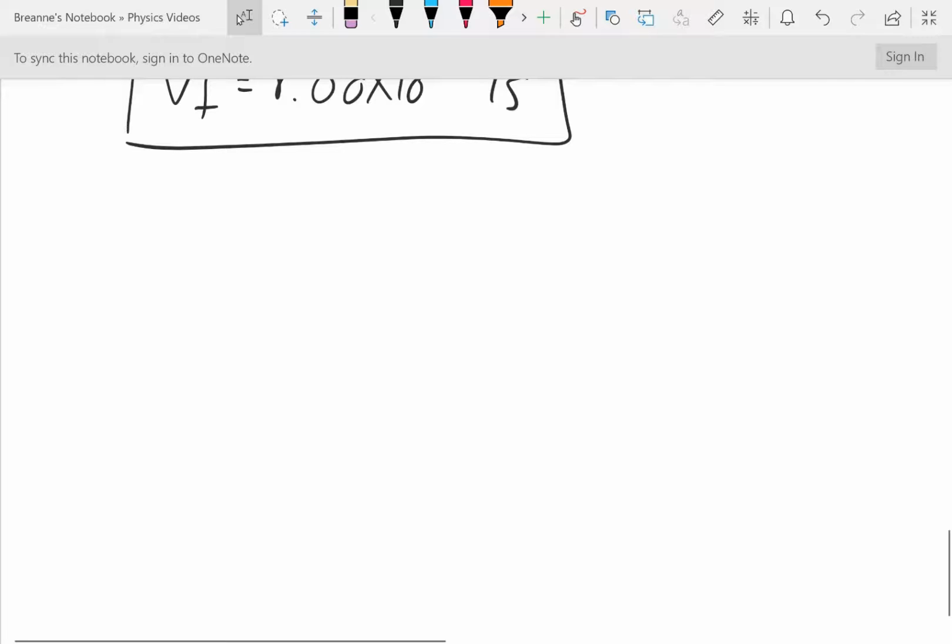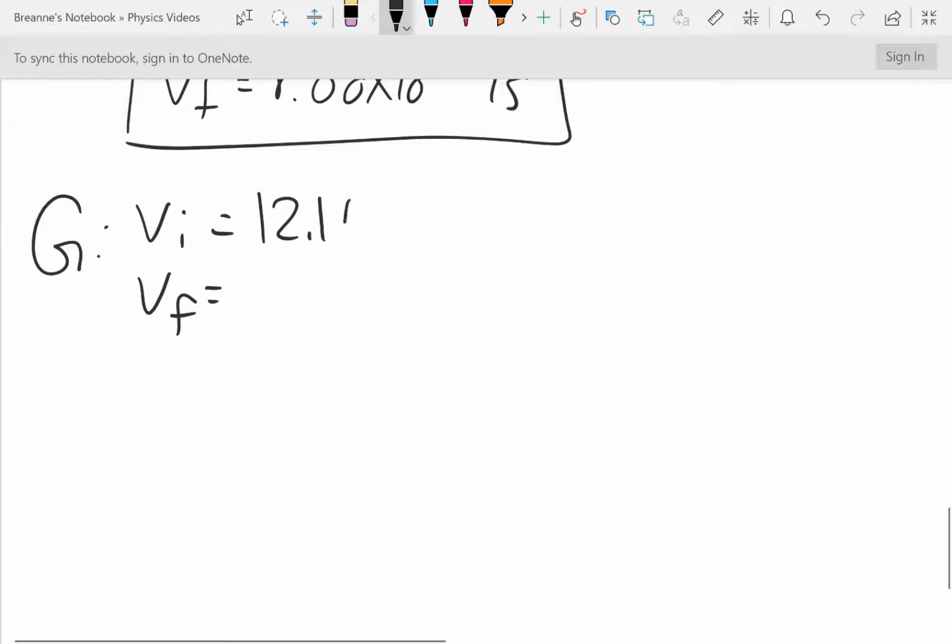Question 2 states, what is the acceleration of a bicycle that changes its velocity from 12.1 meters per second to 23.5 meters per second in 7.81 seconds? So let's pull out our givens. So we were given initial velocity and final velocity. The initial velocity is the first one mentioned, 12.1.